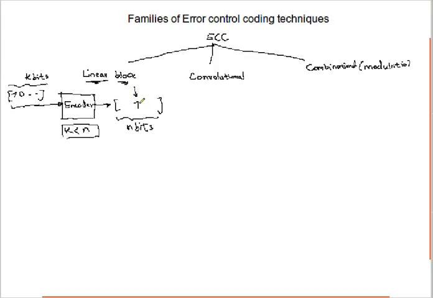To calculate the ith binary bit of the output, I can choose some combinations of these k bits, and by combining these elements I obtain the ith element of my vector of n bits. So basically it's just a linear combination of your k input bits.